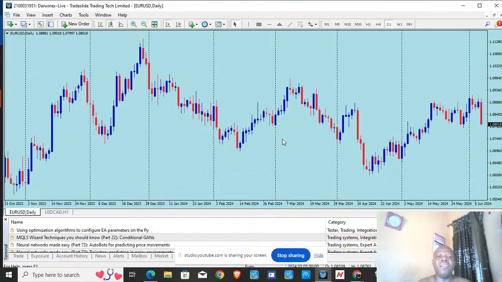Now, there are many jargons, like engulfing, bullish engulfing, bearish engulfing, morning star, evening star, and so on. All those candlesticks represent only three things.